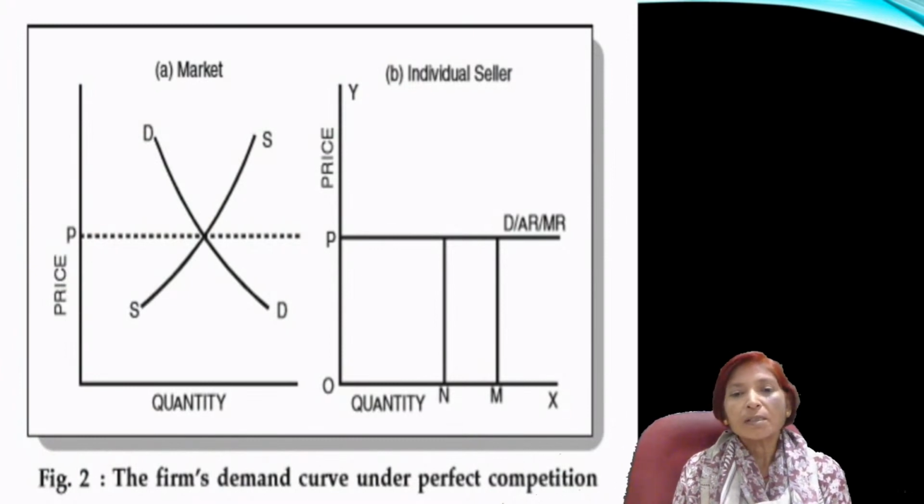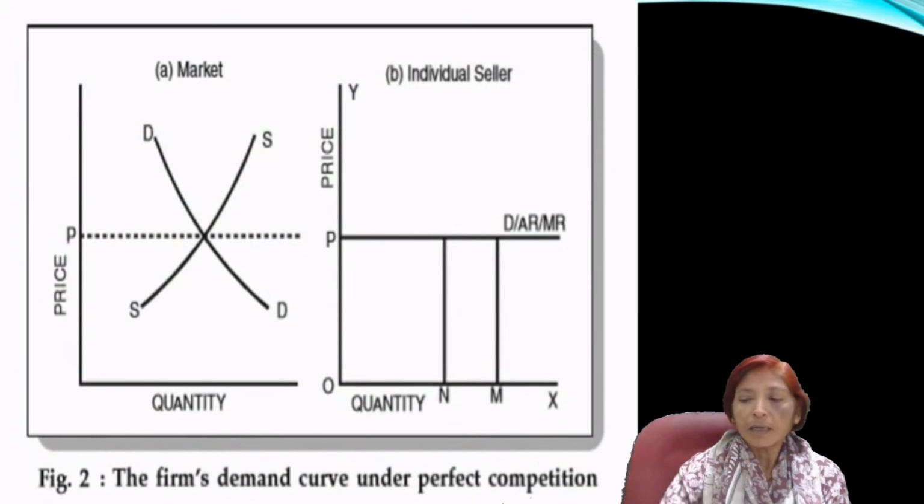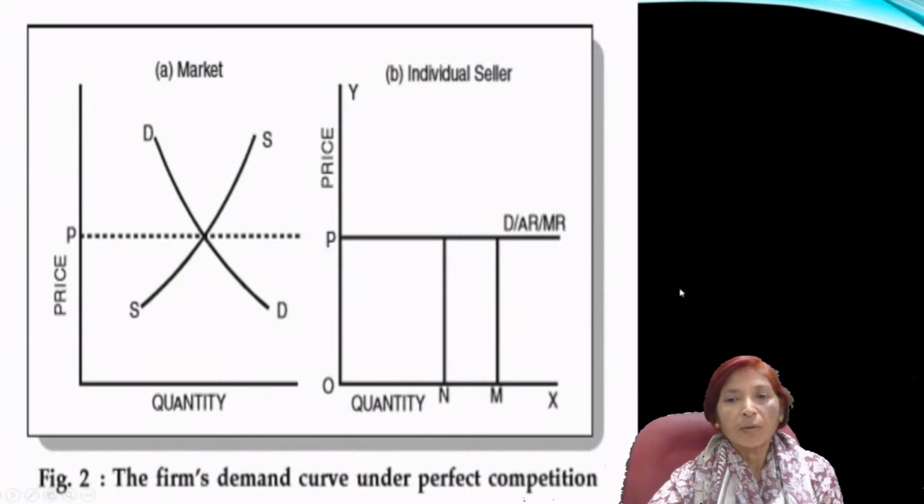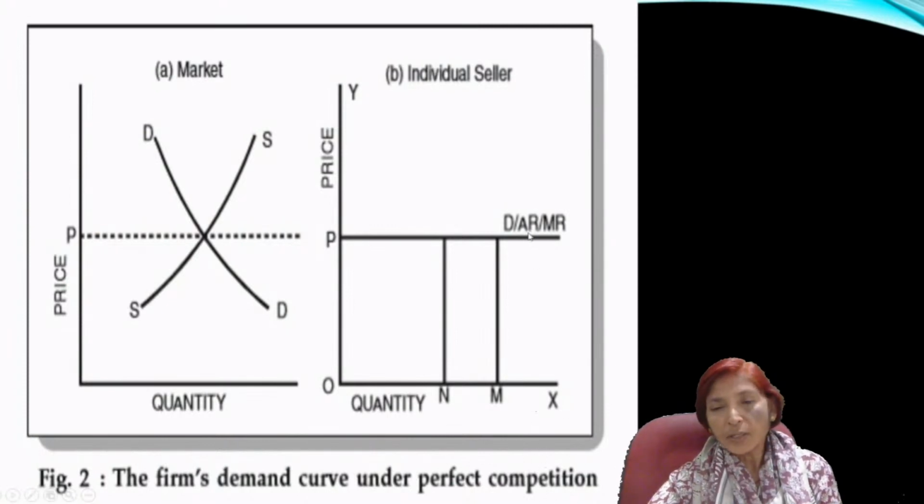This horizontal line is the demand curve under a perfect competition market. D is the demand curve and AR is average revenue. The demand curve is known as the average revenue curve. AR is always equal to price. AR shows per unit revenue, the amount of revenue received by the seller after selling its product.